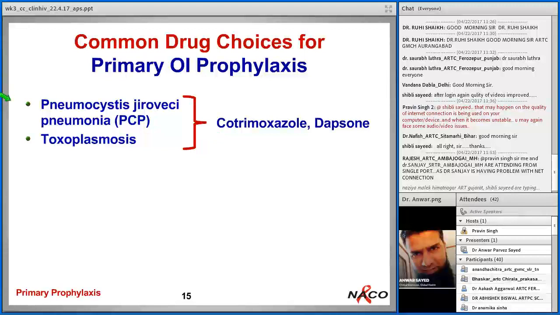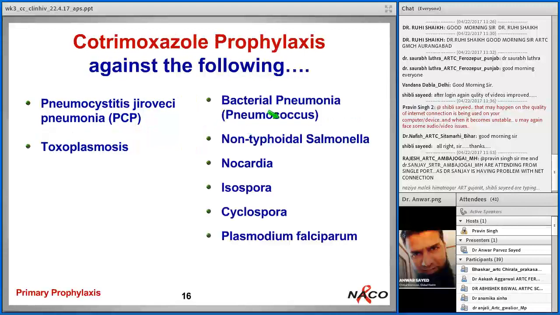Now, cotrimoxazole is very helpful in preventing multiple diseases like Pneumocystis jirovecii or carinii pneumonia, toxoplasma, even some other diseases like malaria. So it can be prophylactic against multiple diseases. And in situations where we are not able to use cotrimoxazole, we use dapsone.